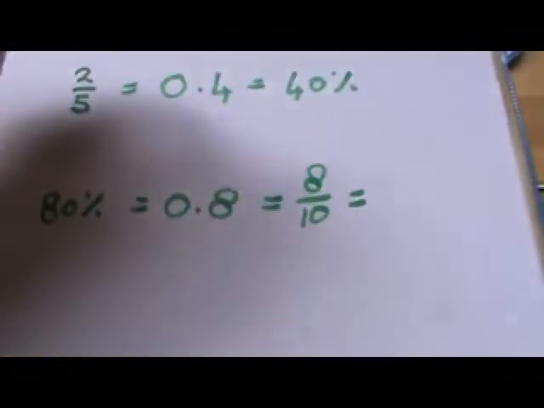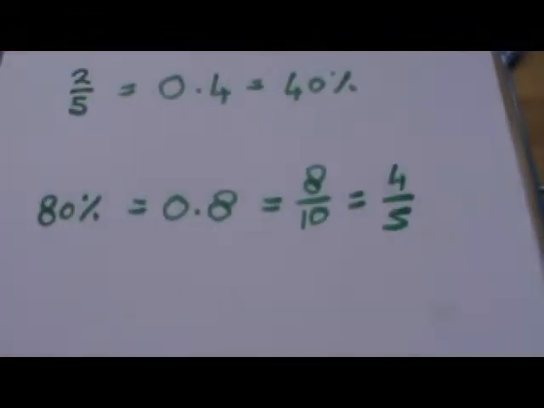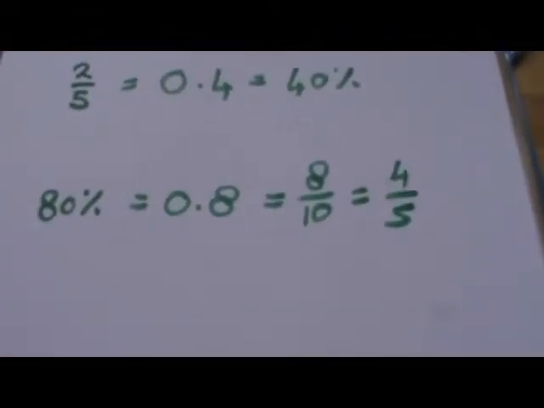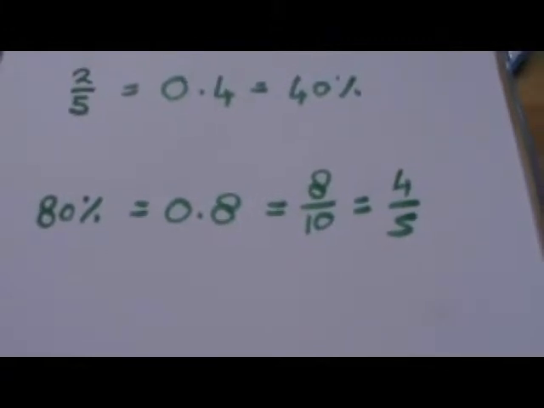And 8 tenths cancels down, they both divide by 2. 2's into 8 go 4, and 2's into 10 go 5. So 80% is the same as 4/5. So that's how you convert between fractions, decimals, and percentages.